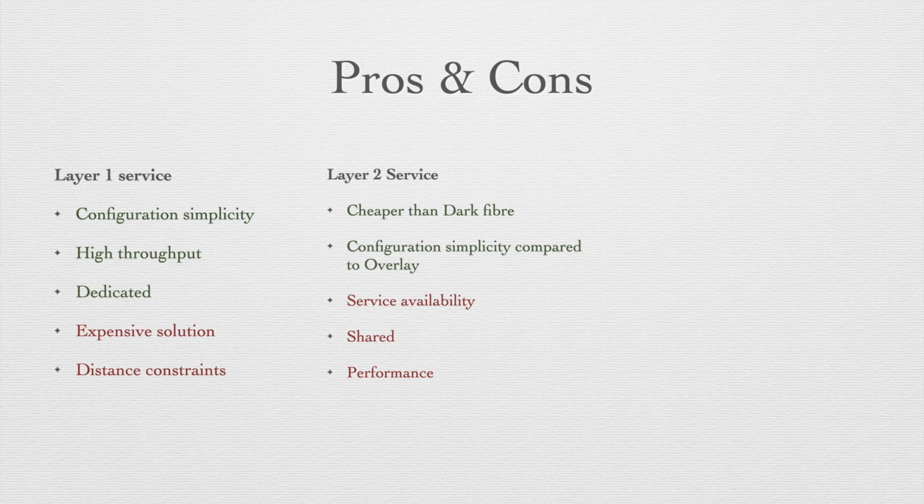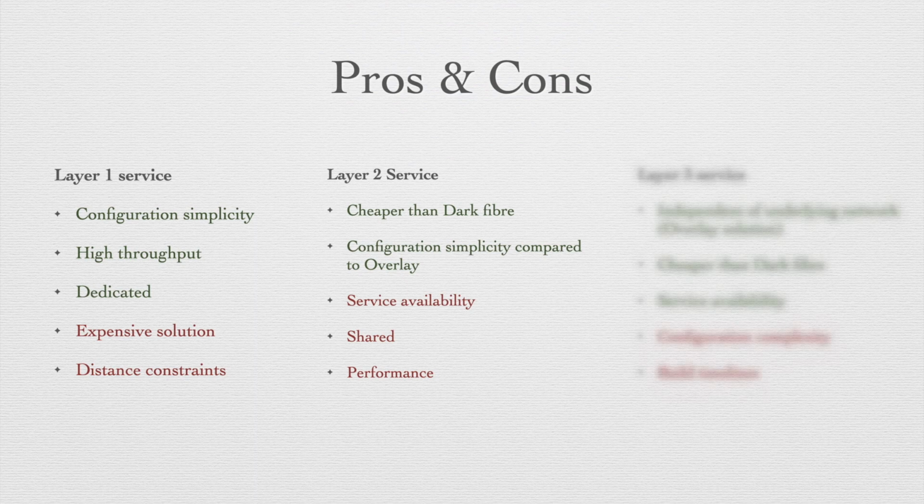Since you get the native layer 2 from the provider, you can choose to stretch the VLANs through these links directly. Cons would be the availability of layer 2 WAN services in all the locations from these service providers. And it's not like the dedicated point-to-point service as dark fiber, hence performance may be comparatively lower than option 1.